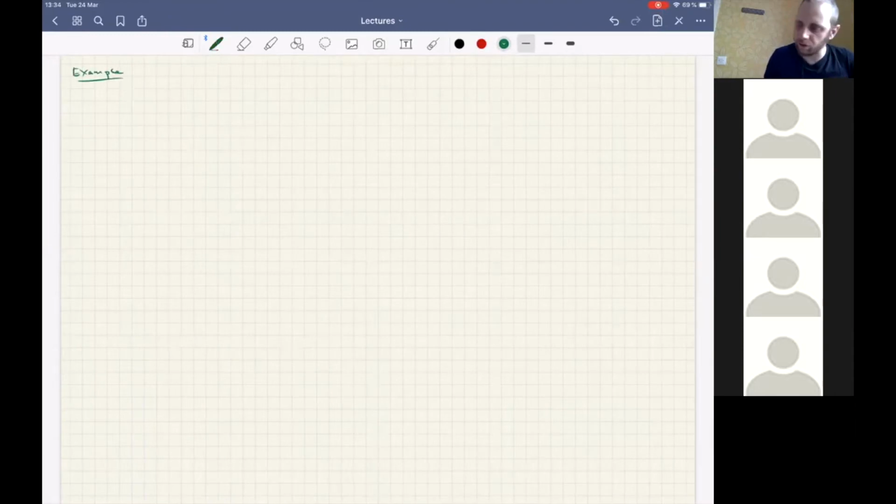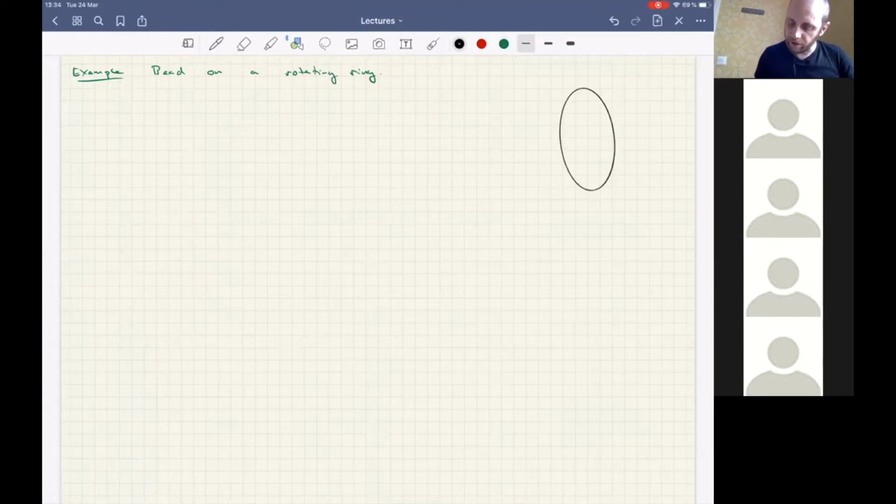The example we're going to go through is a bead on a rotating ring. If I take a ring like that, well, it was supposed to be horizontal, but let's imagine it is, and we have some axis of rotation here, we can have a bead that is allowed to move on this ring, but the ring also rotates with some angular frequency omega.